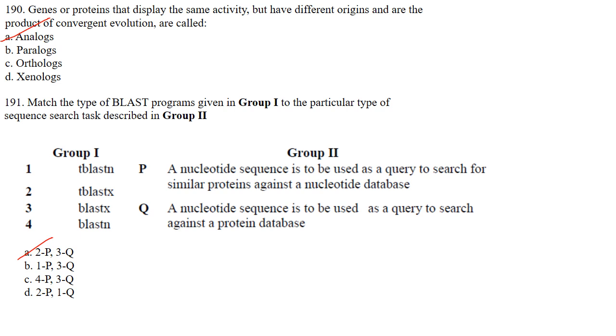So the answer here is option A, that is 2p3q. TBLASTX is for when a nucleotide sequence is to be used as a query to search for similar proteins against a nucleotide database. And 3q, BLASTX: a nucleotide sequence is to be used as a query to search against a protein database.